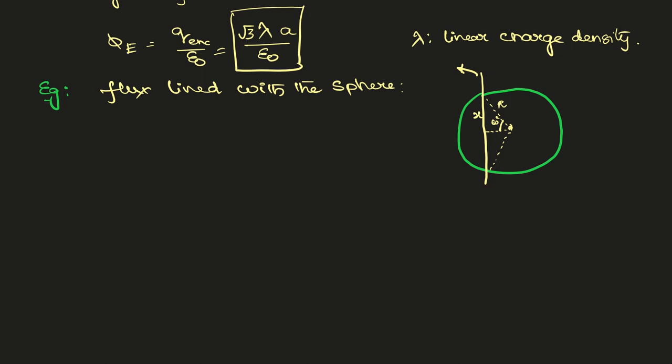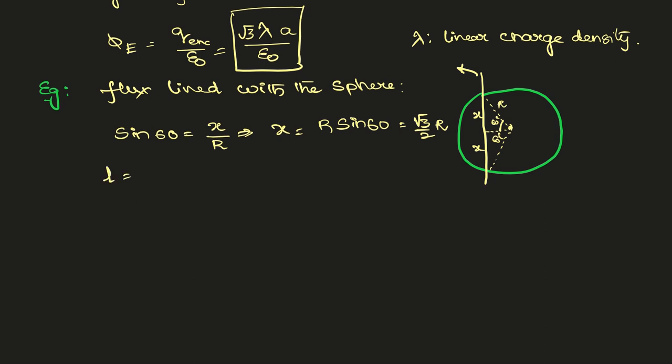For that we have to find this x value. If that is x, this will also be x, so we have to find 2x. For that we will use the sine function. Sine 60 is equal to opposite side by hypotenuse, so x is equal to r sine 60, whose value is root 3 by 2, so this will be root 3 by 2 r.